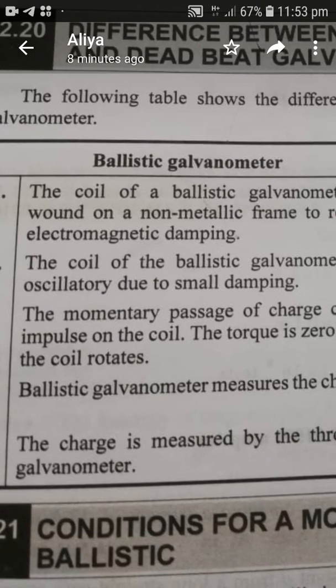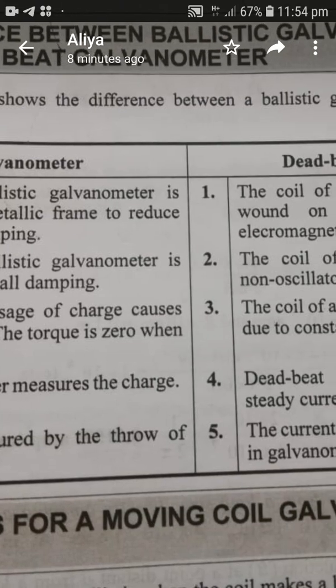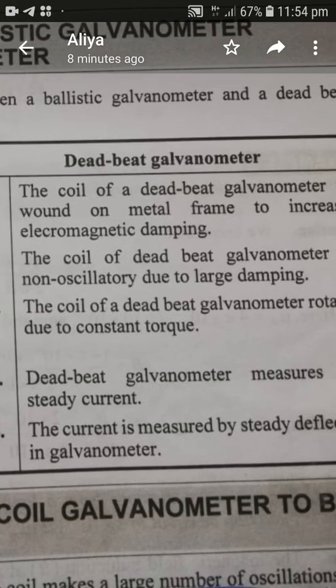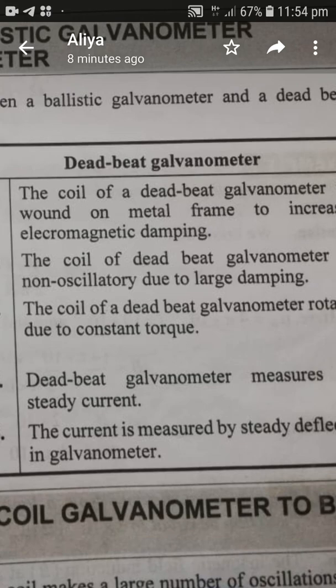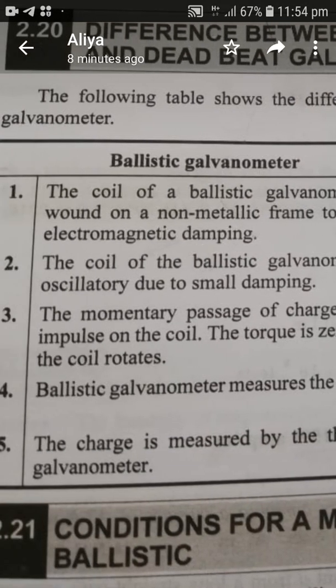As the coil is rotating, the torque will be zero. In the deadbeat galvanometer, the coil rotates with a constant torque. Whenever the coil is rotating, the torque will be constant.